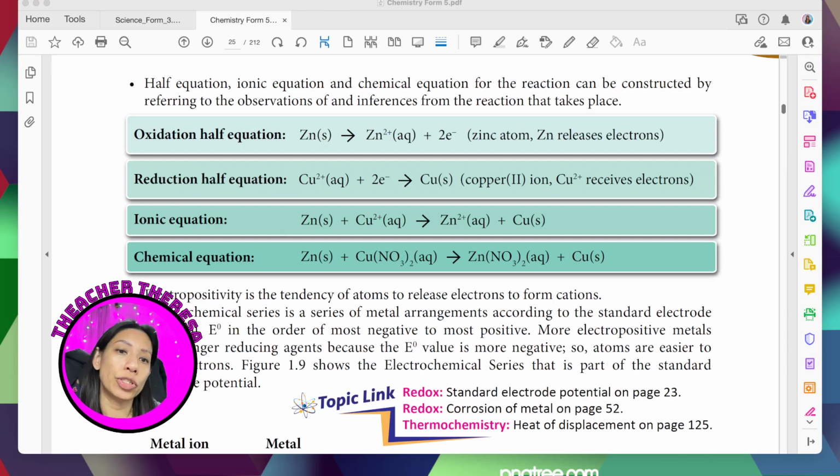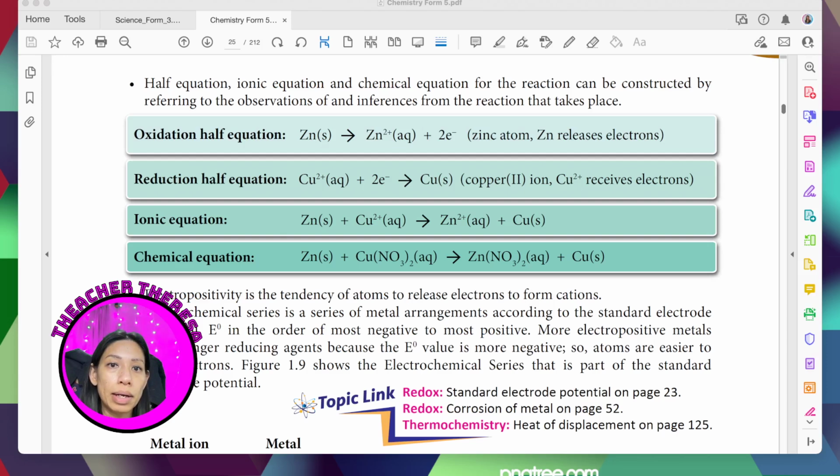So zinc has the tendency to become a positive ion by donating 2 electrons. When it donates the electrons, zinc undergoes oxidation. The 2 electrons are donated to the copper ion, so the copper ion becomes a copper atom during the reaction.